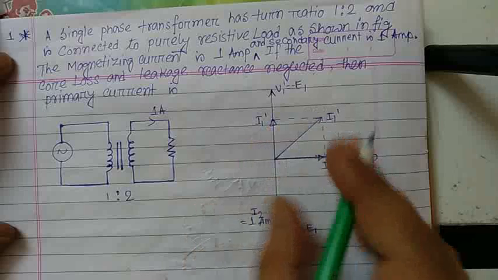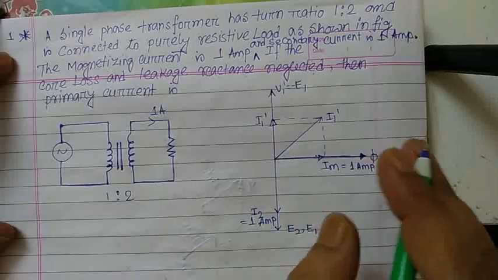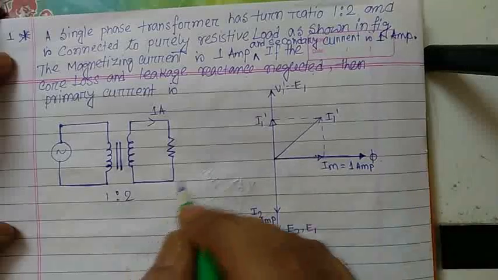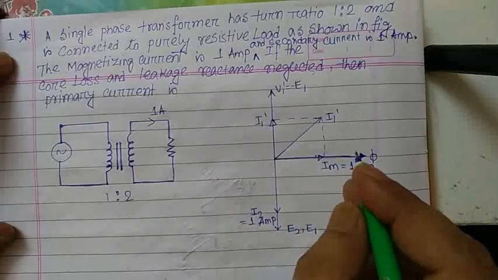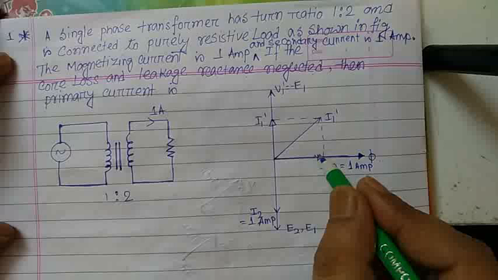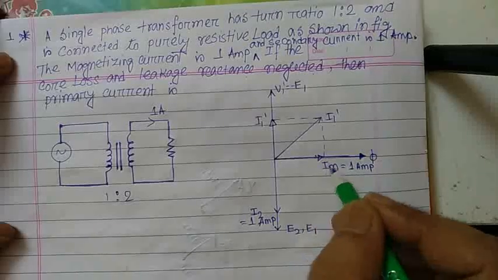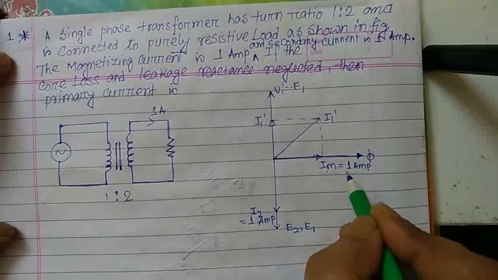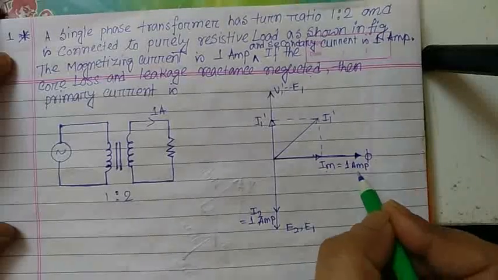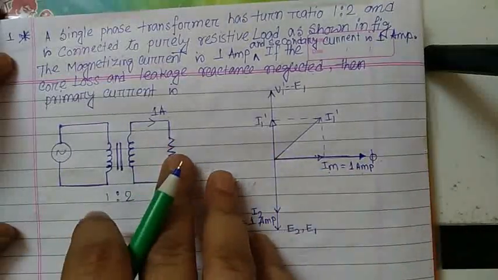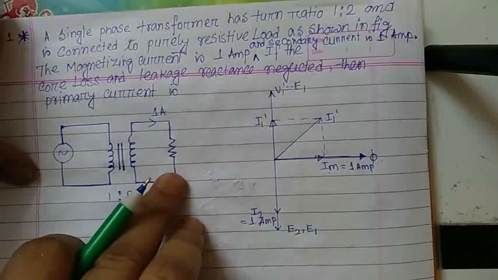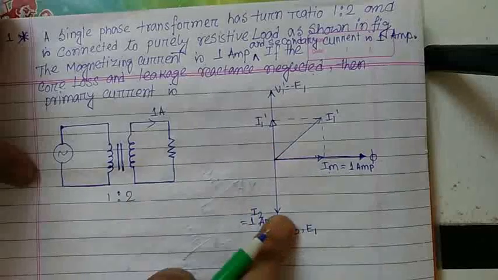Now first I draw a simple phasor diagram. Phi is taken here as reference. As you know, the magnetizing component current Im is always in phase with the flux. Here the value of Im is 1 ampere. As the purely resistive load is connected here, the secondary current is in phase with the voltage.